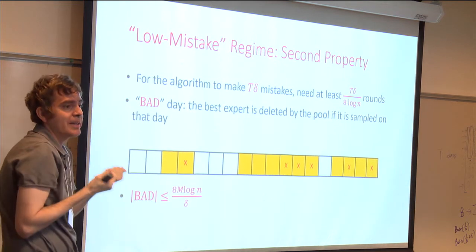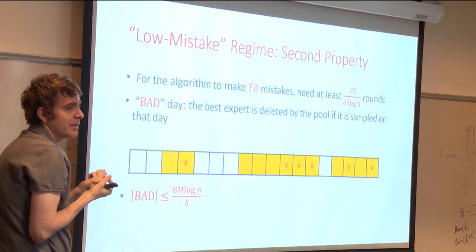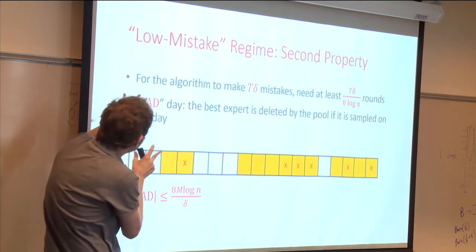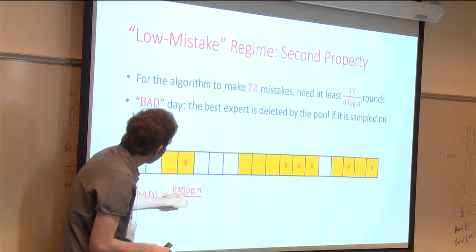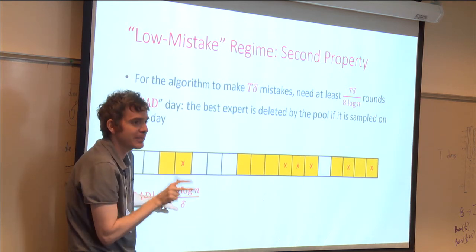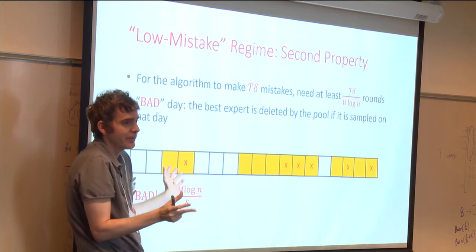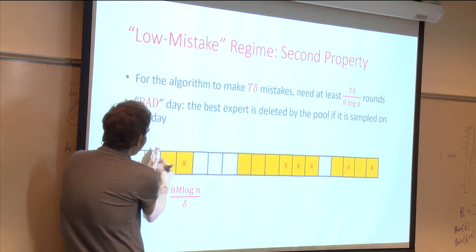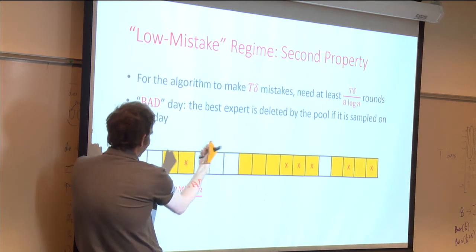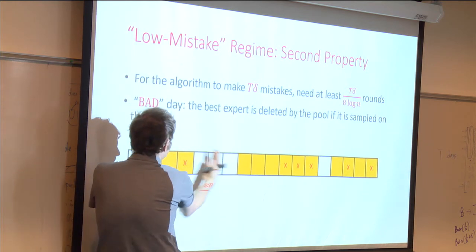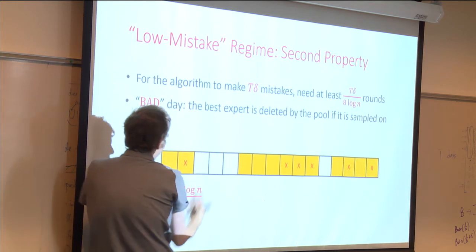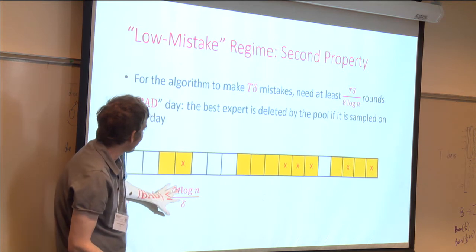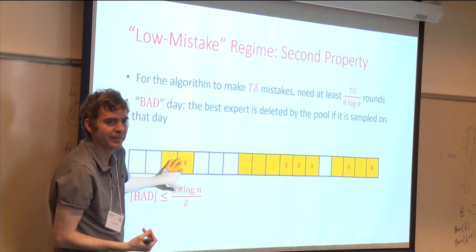But you can't have many yellow boxes either. So the idea is, in this arbitrary order model, we're restricting the number m of mistakes of the best expert to not be too large. And the number of bad days, days where the density of mistakes of the best expert is large, is only a 1 over delta factor larger than the number of mistakes it makes.